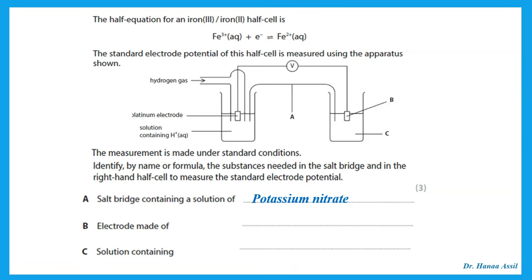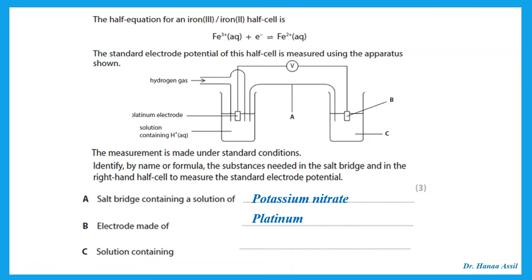Electrodes should be made of what? Now, if we have a half cell in which all we have is solution, so we have iron 3 plus and iron 2 plus, then the electrode is platinum. But if we have a solid somewhere in that half equation, then the solid is the electrode. So here all we have in my half cell is iron 2 plus and iron 3 plus solutions.